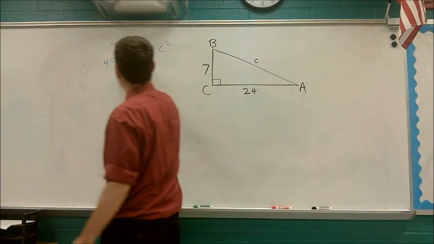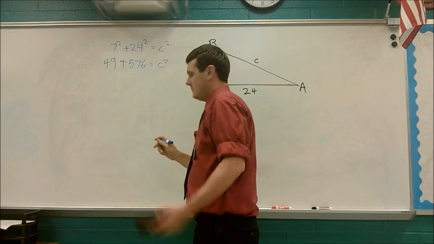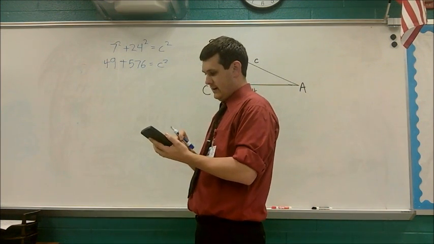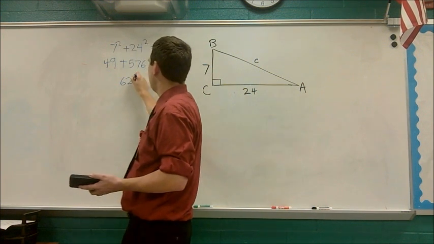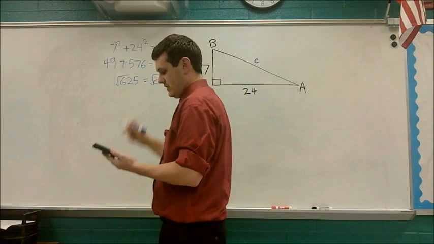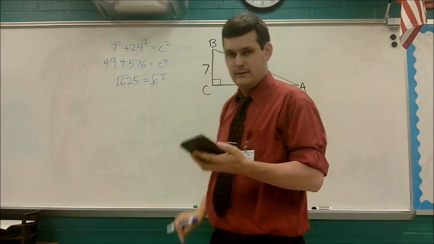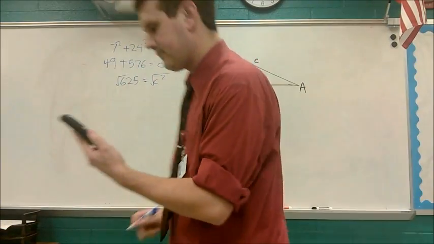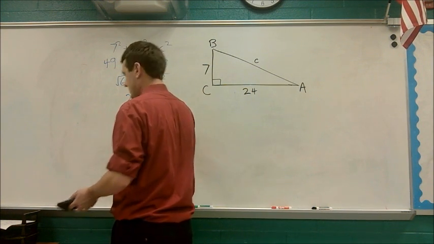So this is plus 576 equals c squared. So 49 plus 576, I get 625 equals c squared. Take the square root of 625, and I get 25. So 25 equals c.